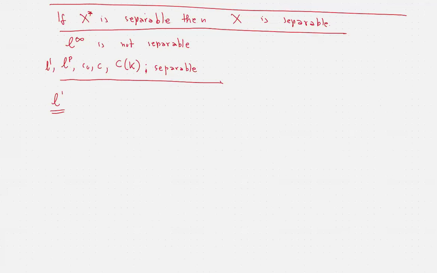What we can take here is all x's in L1. Let's call this D: x in L1 so that they're eventually zero, and all of their terms are rational numbers.